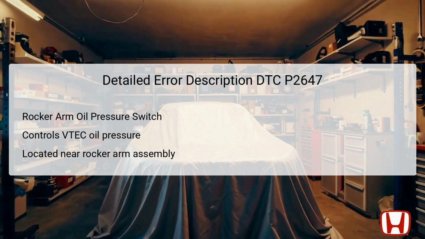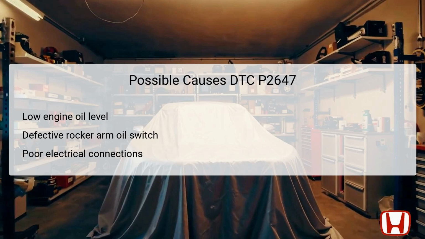Diagnosing issues with the rocker arm oil pressure switch is crucial to maintaining the performance and reliability of the Honda Accord's engine. There are several possible causes of DTC P2647 that affect the function of the rocker arm oil pressure switch and the VTEC system. One common cause is a low engine oil level, as this can directly influence oil pressure readings. If the engine oil is below the recommended level, it could lead to incorrect signals being sent by the rocker arm oil pressure switch.